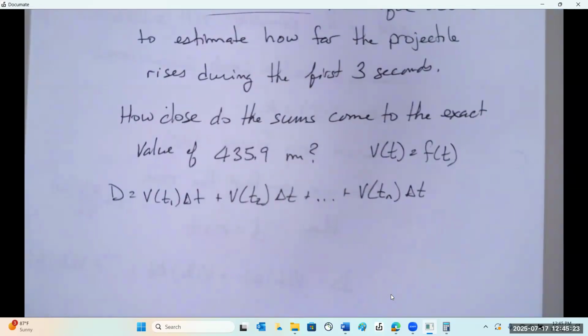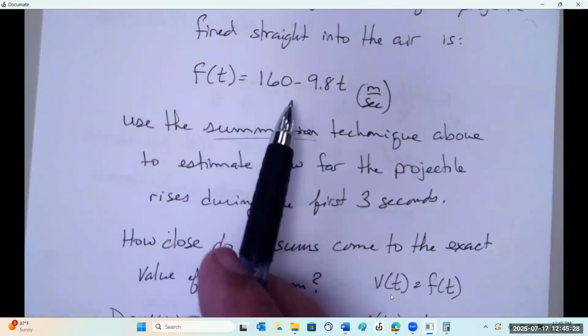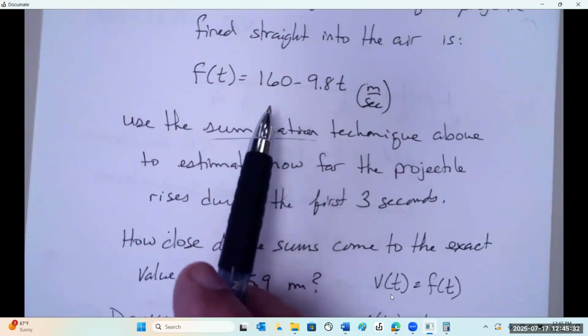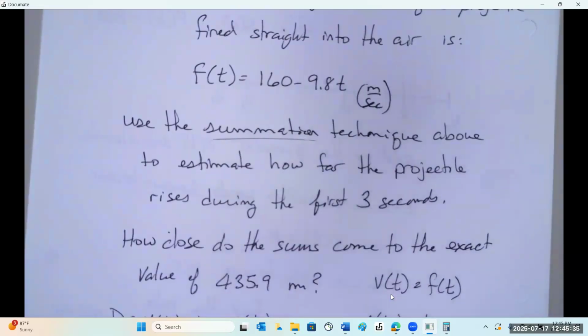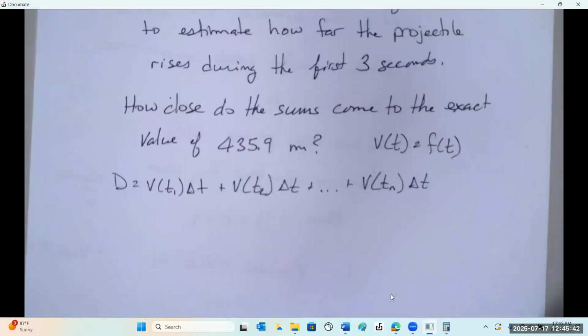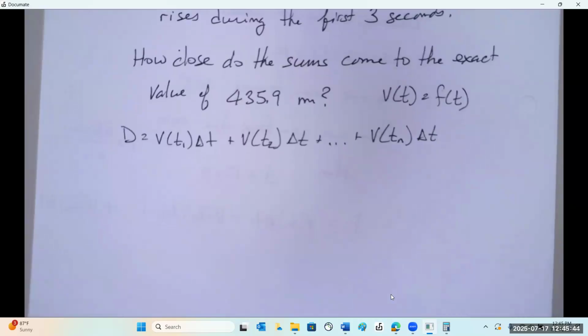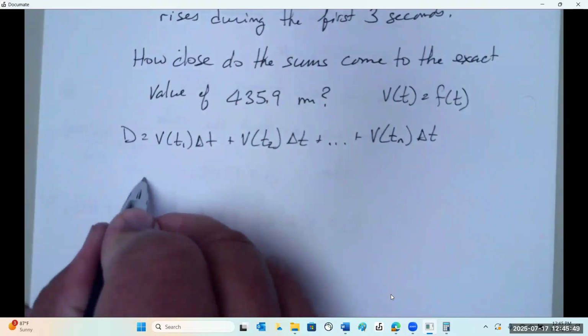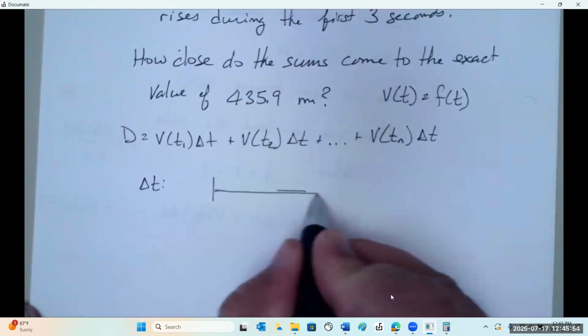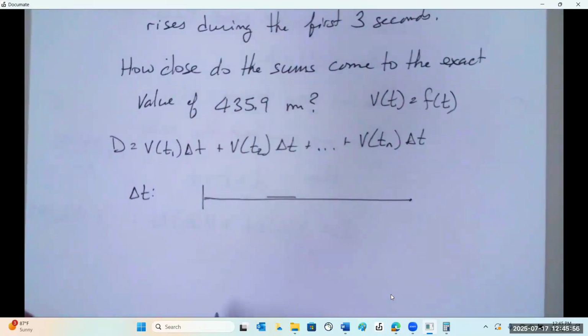How do we know this function is not acceleration? Acceleration is a second derivative, so it'll have a squared unit. We had meters per second squared. All right, so what do we know here? Our time intervals go on our x-axis.